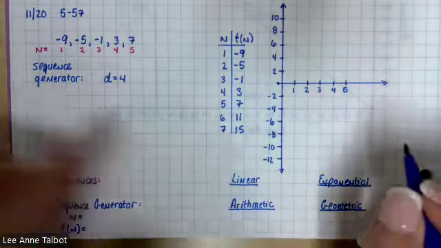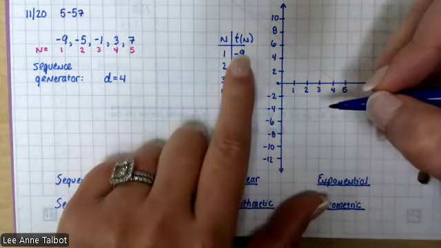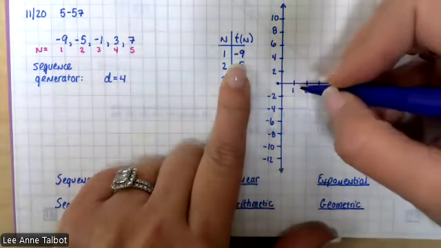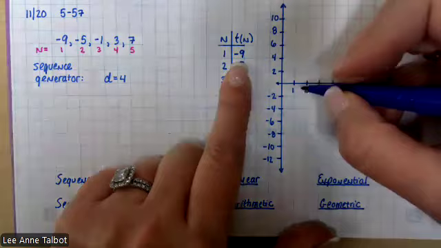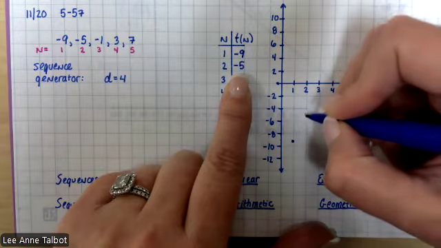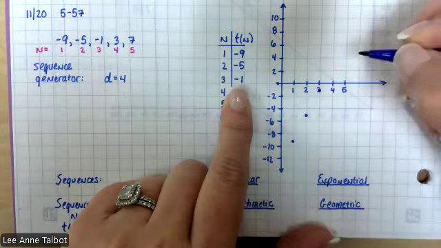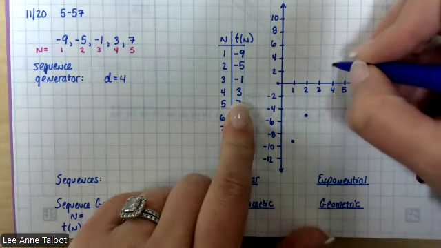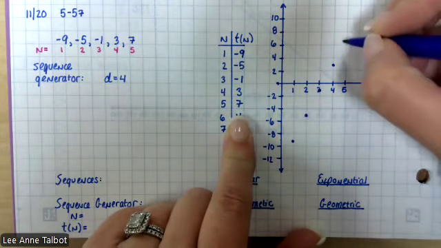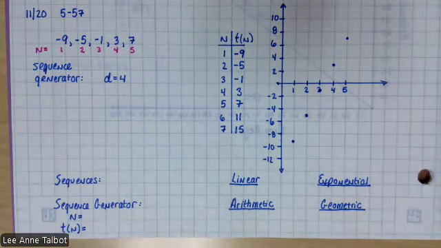Okay. Now over here, this is also the next easiest part. You're going to graph these points, but do not connect them. So (1, -9), (2, -5), (3, -1), (4, 3), (5, 7), and we're just going to stop there.